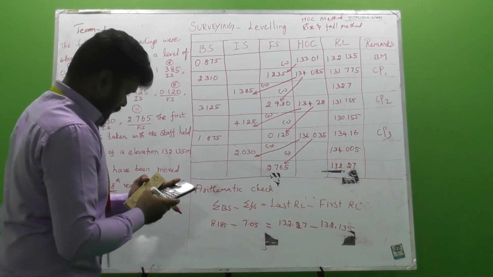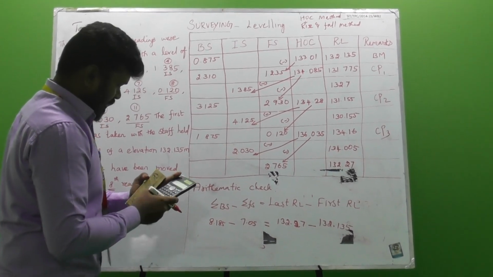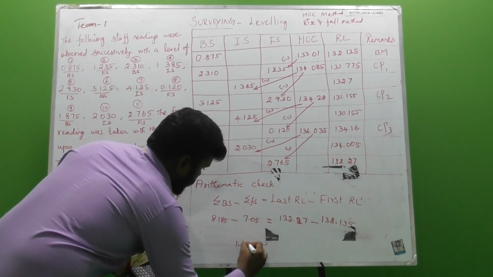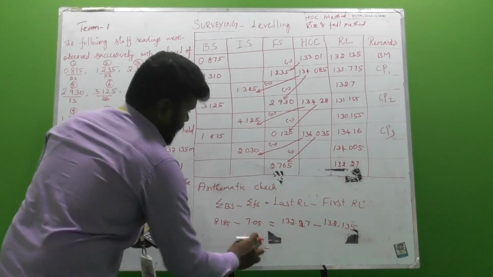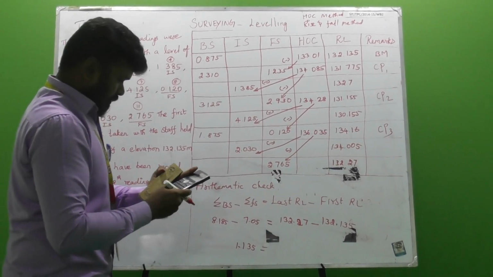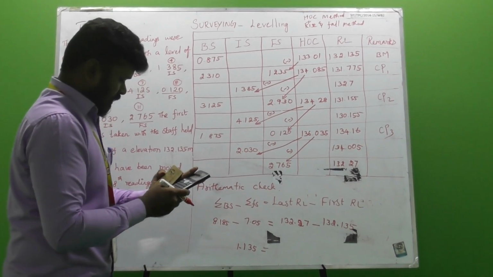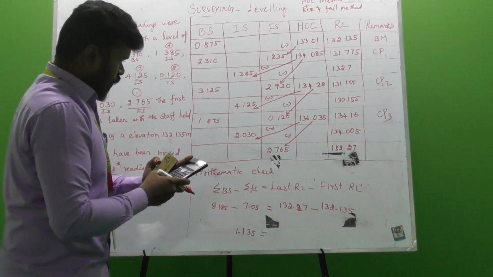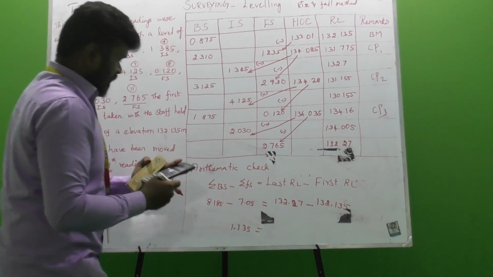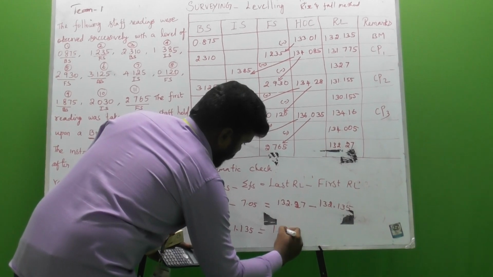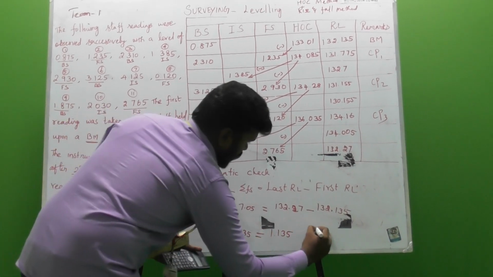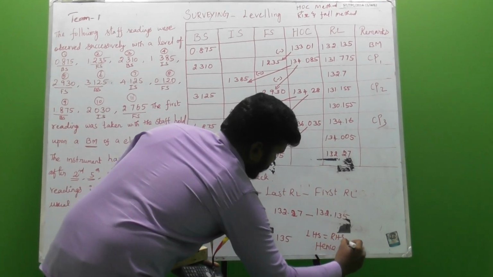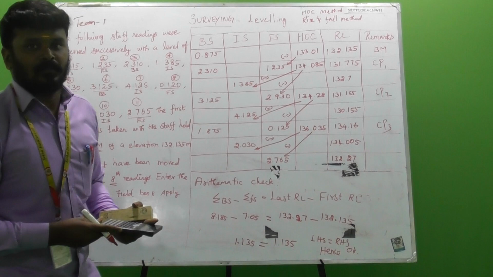So finally 8.185 minus 7.05 is 1.135, which is the same value as the right-hand side: 132.27 minus 132.135 is 1.135. The left-hand side is equal to the right-hand side. Hence verified. Thank you.